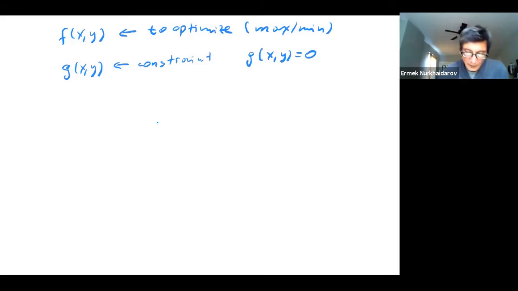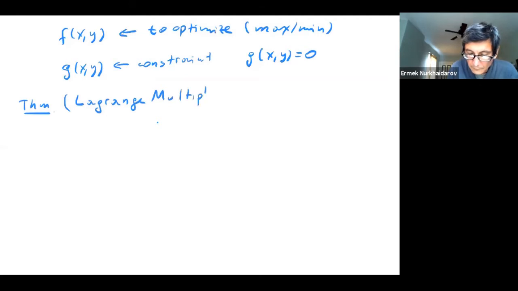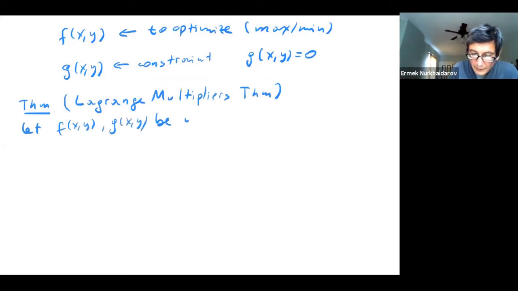Okay. Then the following theorem is true, called Lagrange multipliers. So we have these two functions, f of x, y and g of x, y, and we'll assume that they are good enough. So let f of x, y and g of x, y be continuously differentiable.